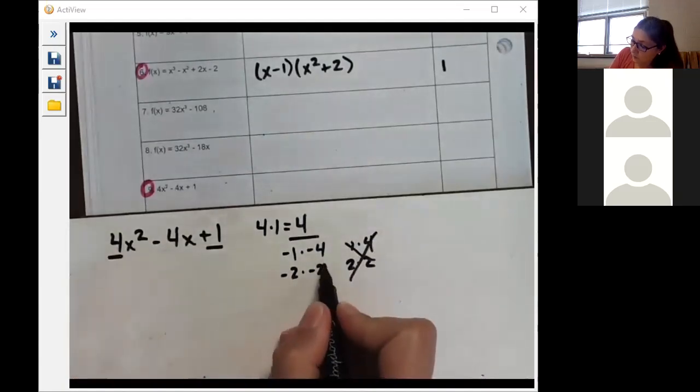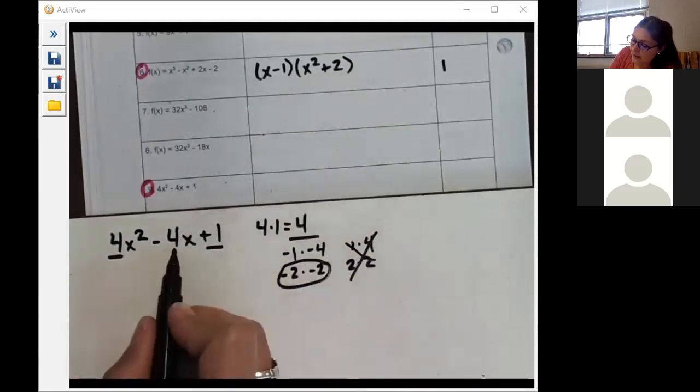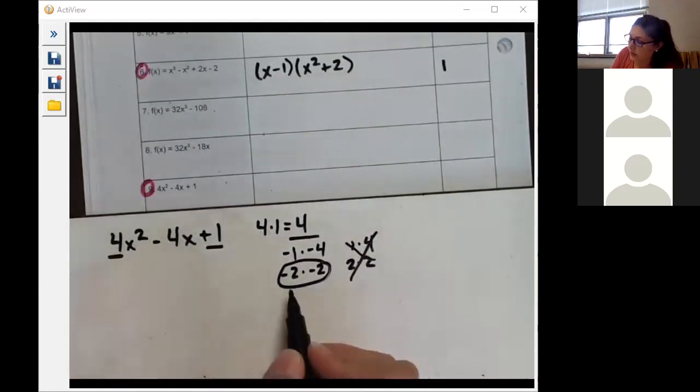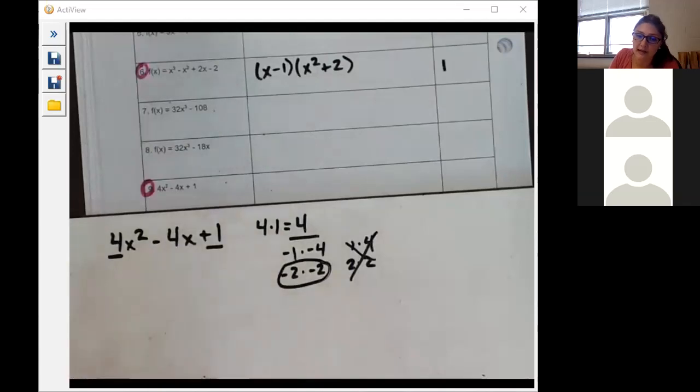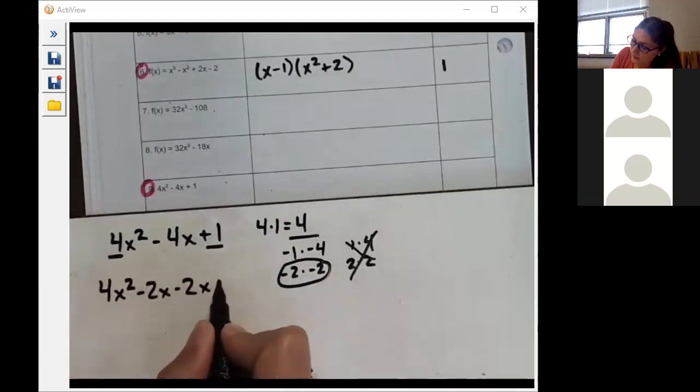What I want would be these negative 2's. So I'm going to rewrite my polynomial with that middle term split up into negative 2x and negative 2x. So I've got 4x squared minus 2x minus 2x plus 1.